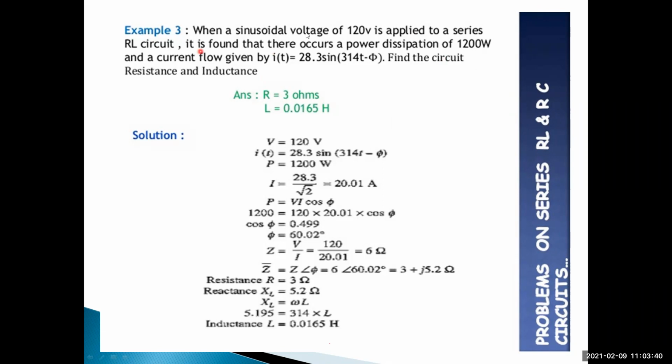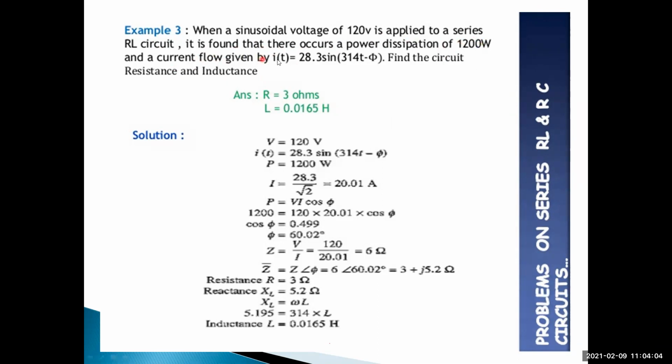When a sinusoidal voltage of 120 volts is applied to a series RL circuit, it is found that there occurs a power dissipation of 1200 watts. Power is equal to VI cos phi. You know that the power consumed by the series RL circuit is VI cos phi, which is 1200 watts.